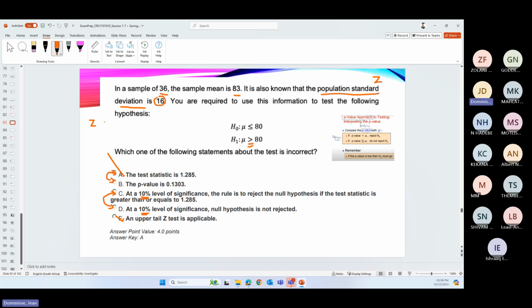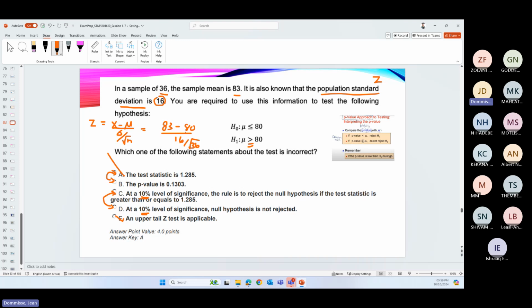So Z is equal to, and we know the standard deviation is known, so we can use that one. Where the other one was 86, now we have 83, so it will be a bit smaller, but still not negative. It's 16, not 36, divided by the square root of 16.